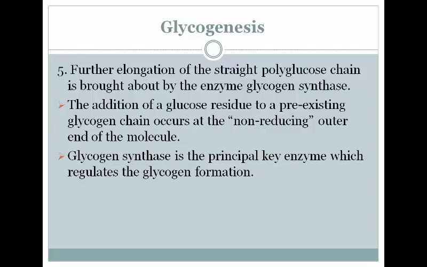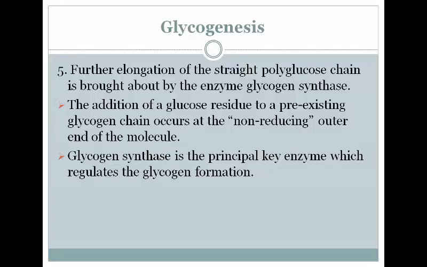As I told you, if a pre-existing glycogen chain is present, this glycogen synthase starts forming 1,4-glycosidic linkage with the pre-existing terminal glucose moiety.